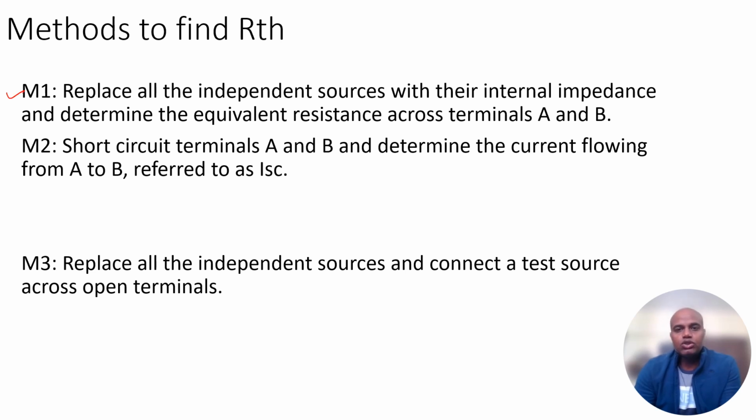Because for the voltage source, let's say I'm just taking a voltage source over here, if the voltage source has an internal resistance connected in series, this is the complete voltage source which we take in the circuit.